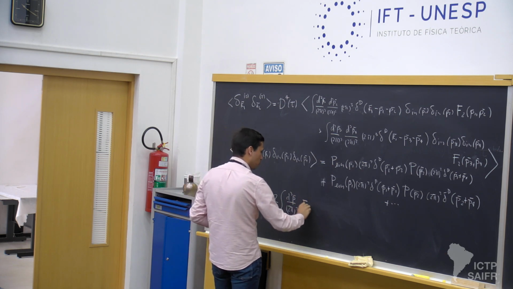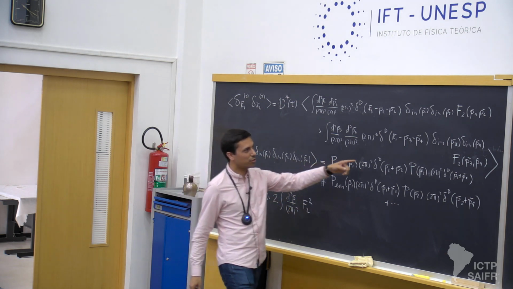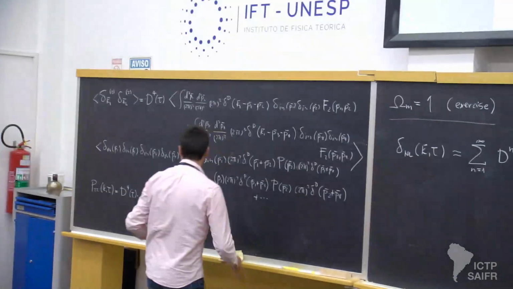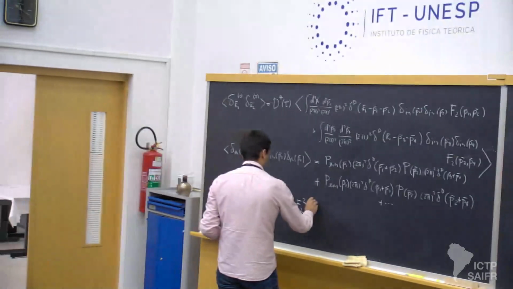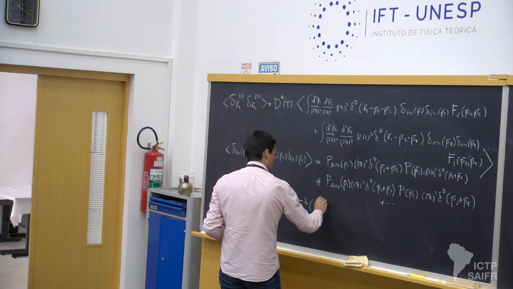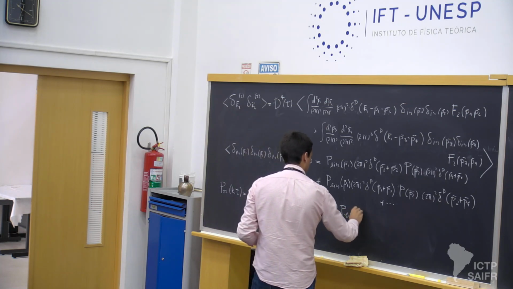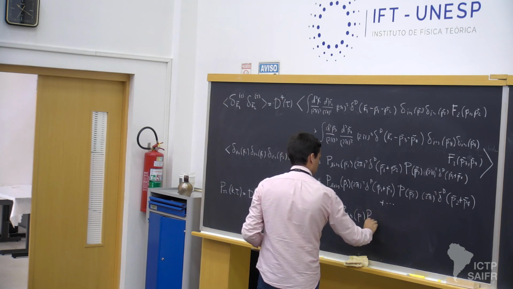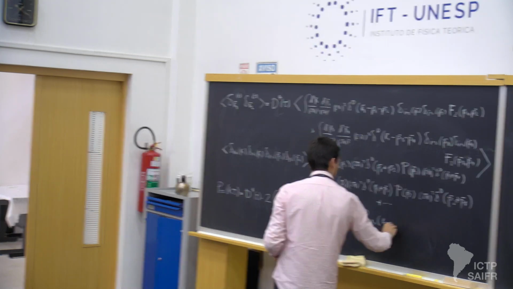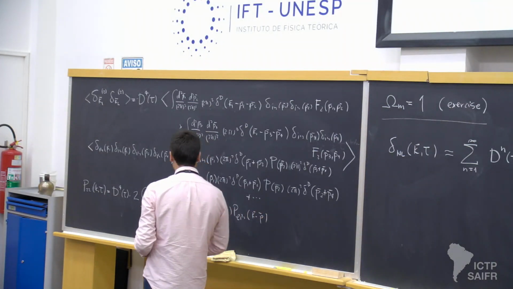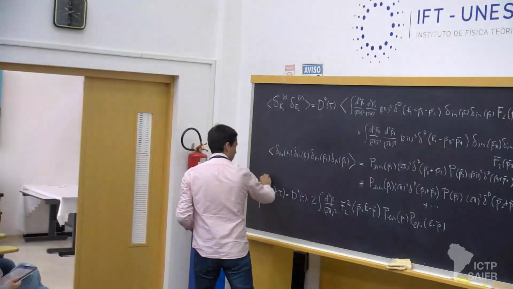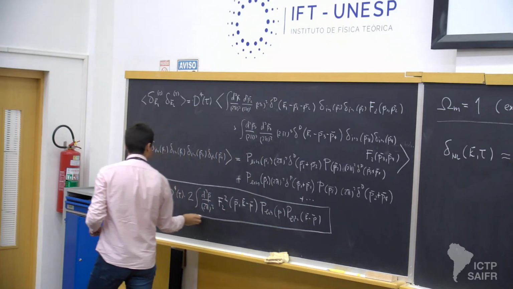There will be F2 squared, because you're multiplying 2 F2s. And inside this kernel there will be p, k minus p, and then P linear of p, P linear of k minus p. So there you go. This is the perturbative solution to P22.